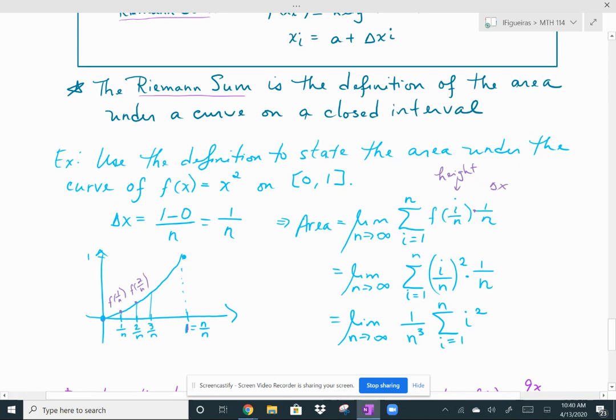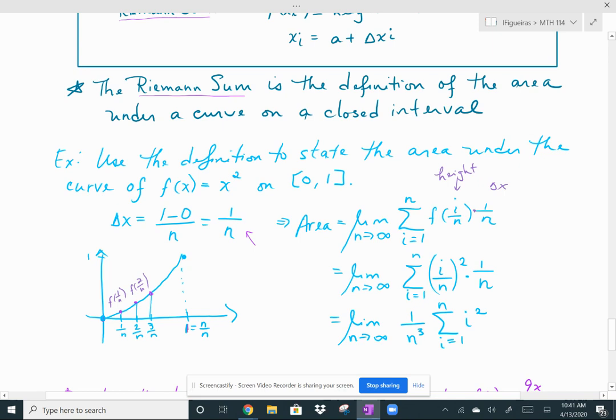So our delta x is 1 minus 0 over n, so delta x is 1 over n. Our height. Now our height is going to depend on the function value at each of the rectangles, and remember, it has a width of 1 over n.